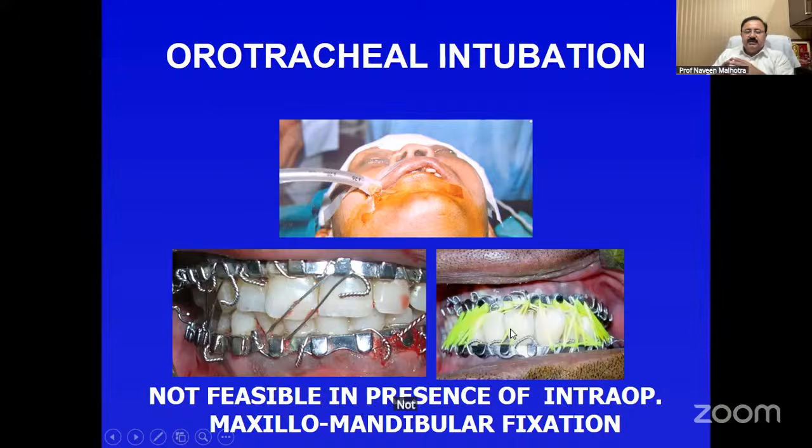For any surgical procedure involving the face, this maxillomandibular fixation and proper alignment of maxilla and mandible is the key. Only then the plates and screws are put. If this fixation is not done, the results can lead to facial asymmetry. So you have to understand that this is the key step before you begin to operate and restore the facial contour.